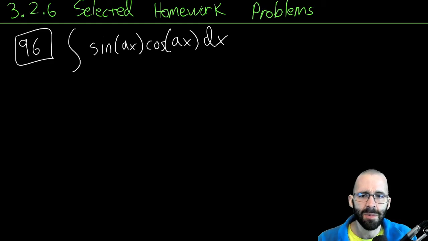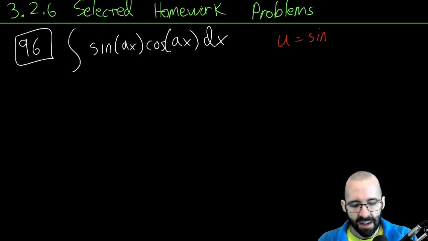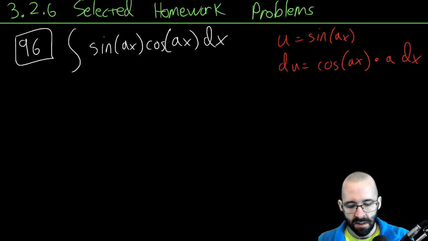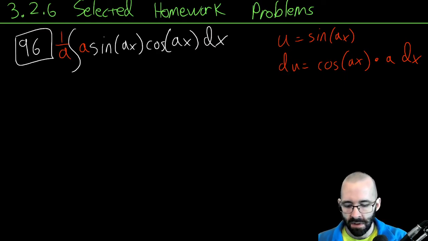We can just do the U substitution, no? If U is sine of AX, then du is cosine of AX times A dx. So we need an A, but A is a constant. We can introduce A no problem. Now, all of this is just du.